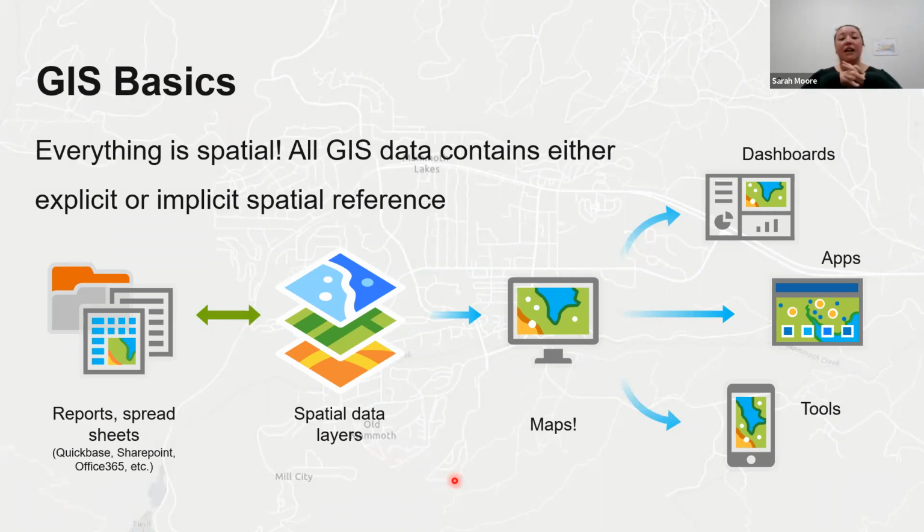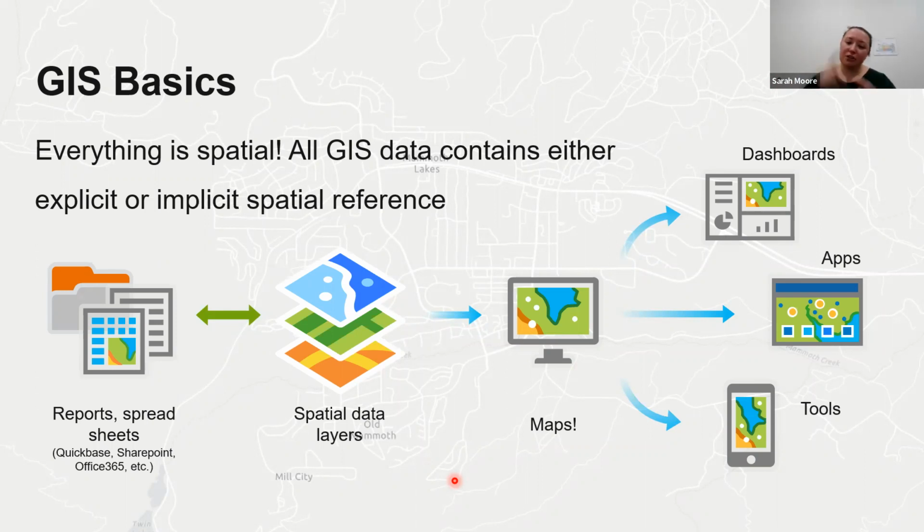So essentially, GIS data contains either explicitly spatial information, so an address or a lat-long coordinate or something like that, or it could be more implicit. So it could be the name of a neighborhood, or it could be a county or a state. It could be a zip code. It could be a census block, right?